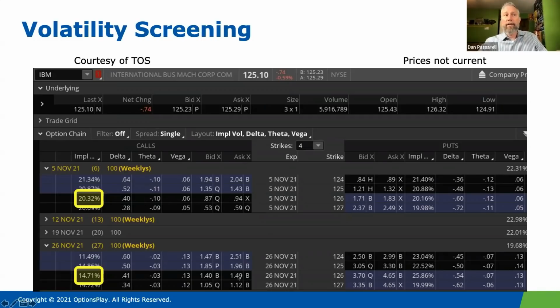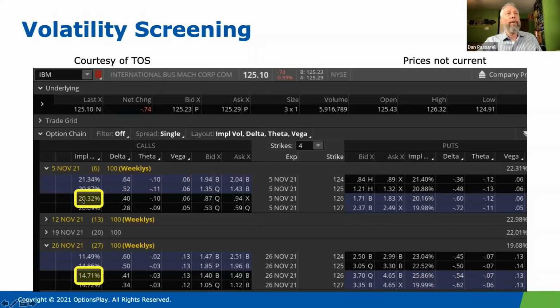Time spread traders, that is one of the criteria that you use, right? Maybe the main criterion that you use. It's been trading in a channel. If I put on a time spread, if it doesn't move too much in either direction, I'm going to make money from theta. But I can also layer this concept of skew on top of that.